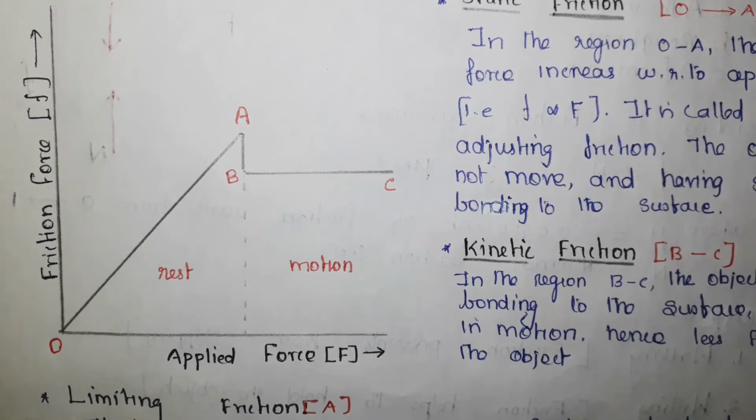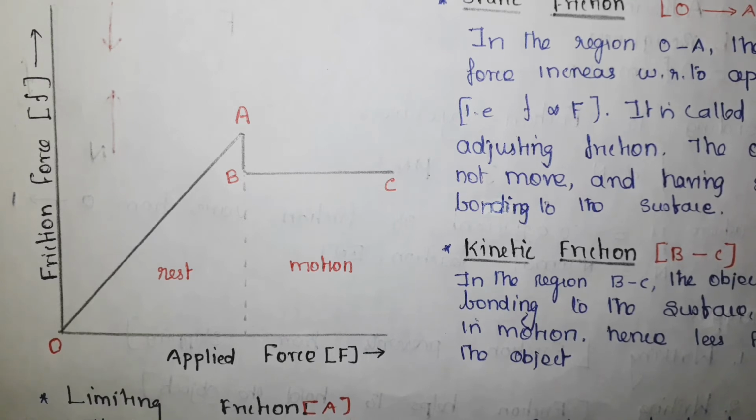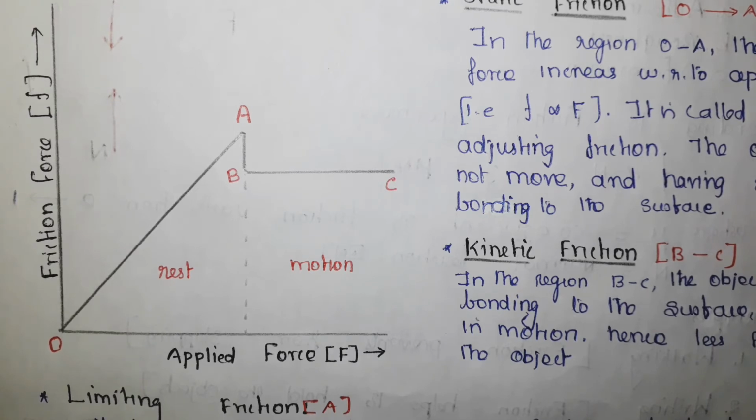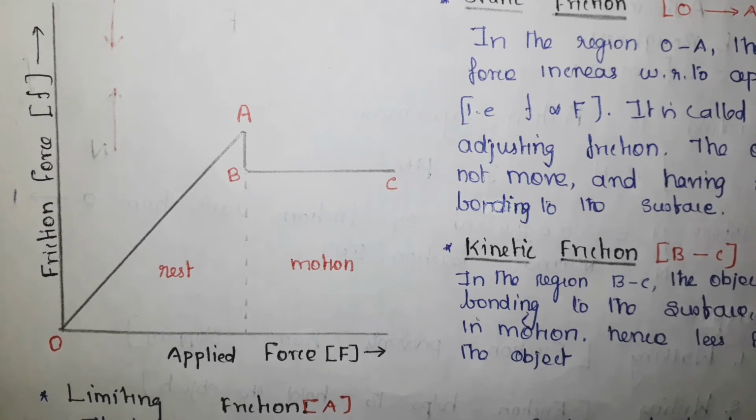We all drive two-wheeler or four-wheeler, and when the vehicle is at rest, we feel difficulty in rotating the steering wheel. But when the vehicle is in moving condition, it is easy for us to rotate the steering. Okay, that means there is less contact to the road when the object is in motion. So the friction will also be less when the object is in motion.